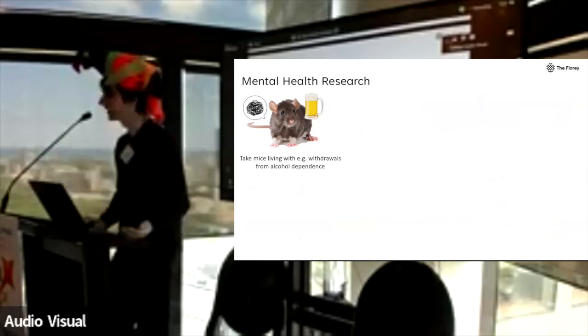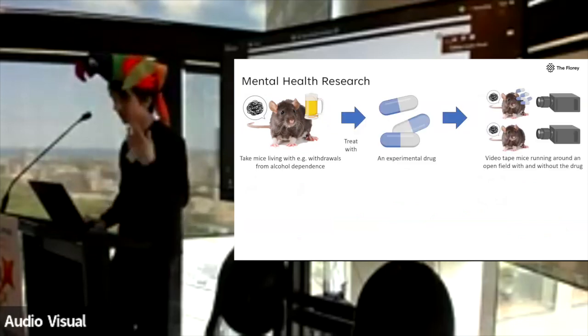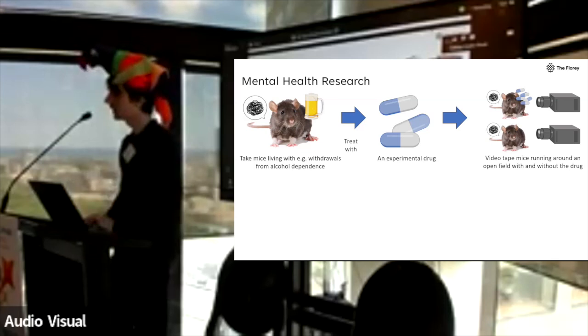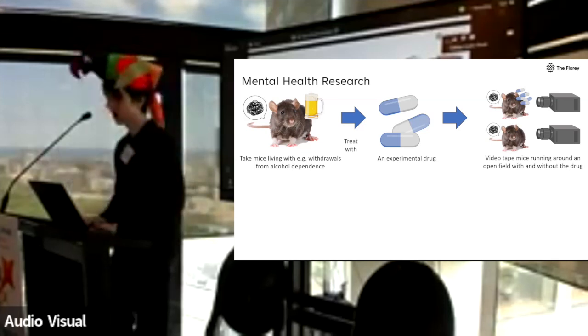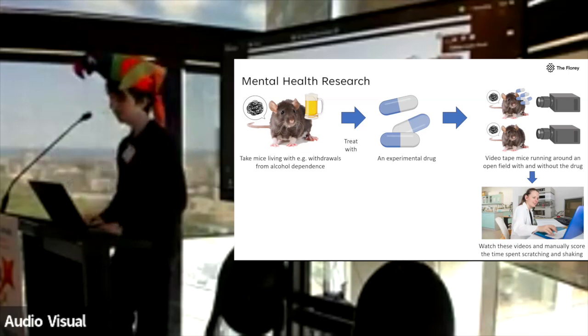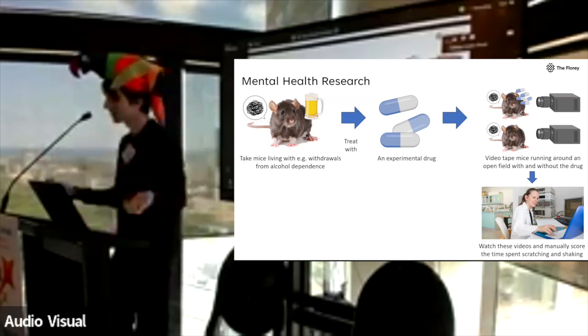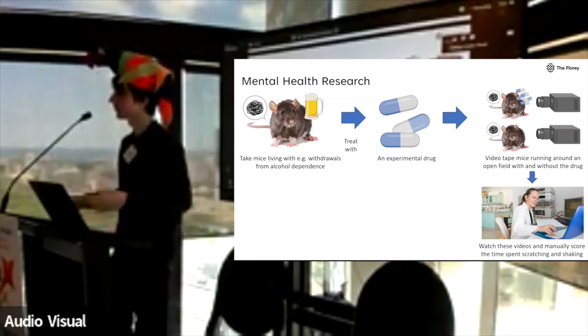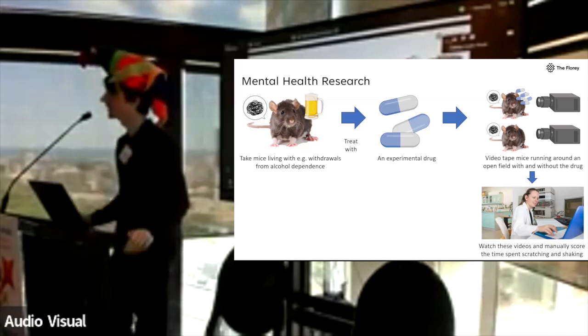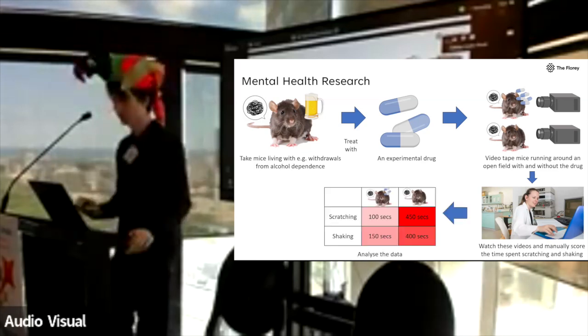So instead, we treat mice with an experimental drug, and we videotape mice running around an open field with and without a drug. And then researchers watch these videos and manually score the time spent doing withdrawal-associated behaviors like scratching and shaking.